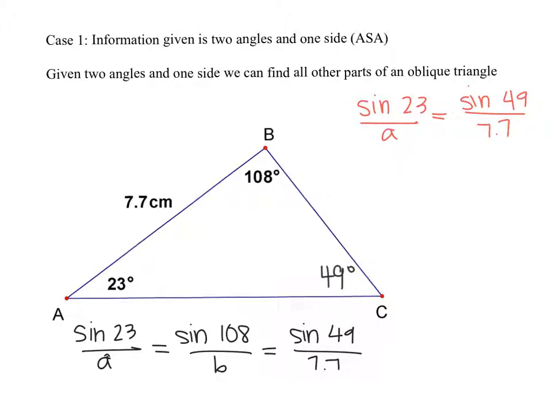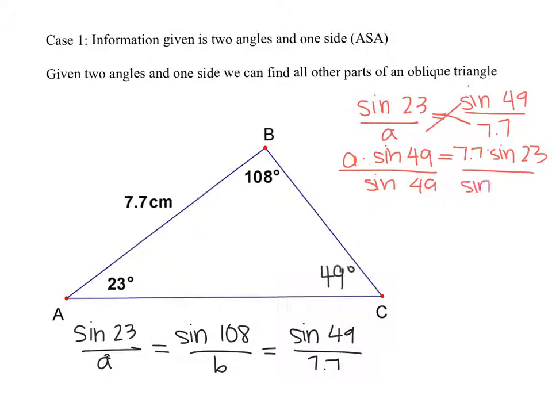To solve for side A, we cross multiply. So A times sine of 49 equals 7.7 times the sine of 23. Then to get A by itself, we divide by sine of 49. To get the most accurate solution, you don't want to write decimals until the very end.